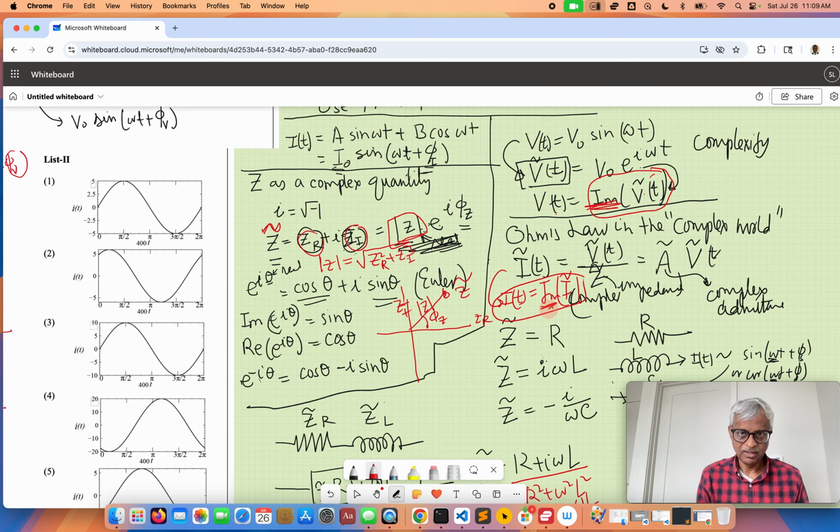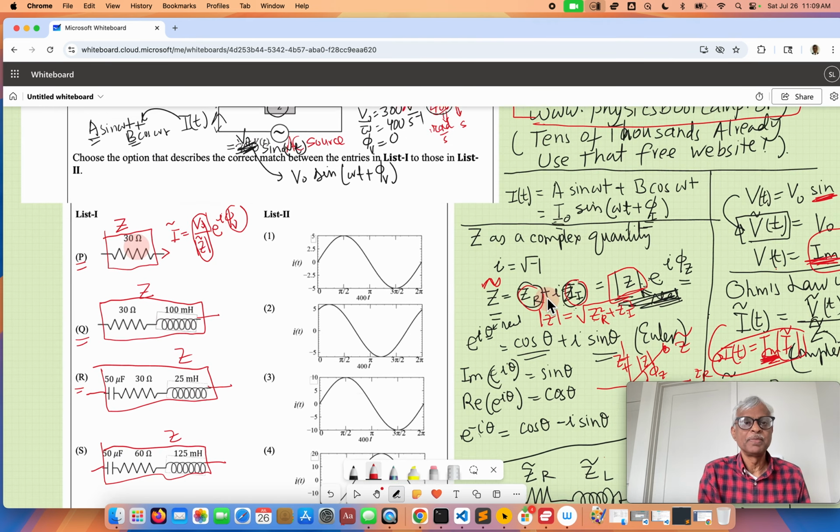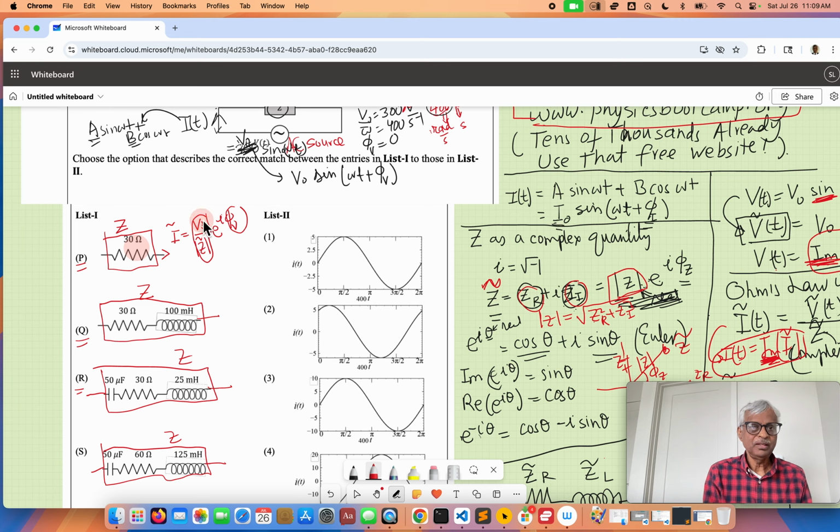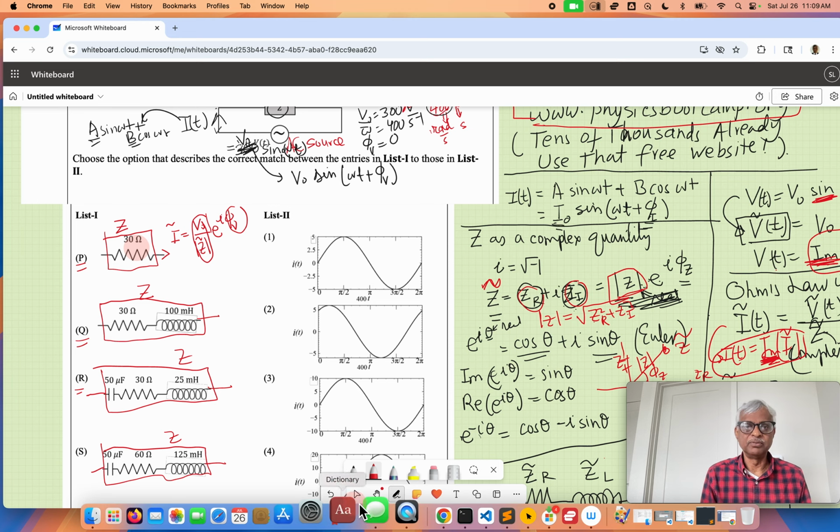If this was cosine, then I had to take a real part, and then I have to take a real part here. If this is sine, then I have to take the imaginary part to get my real values, the actual values that are in my apparatus or my instrument. And so you have to do imaginary. So over here I have to take imaginary parts. So V0, let's look at the values.